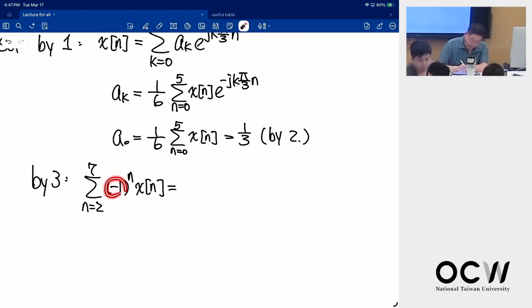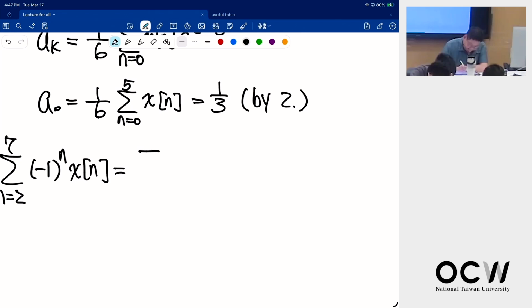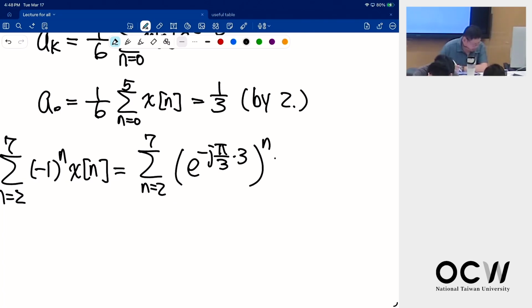Minus 1 is e to the minus j pi over 3 times 3, to the n x[n]. Correct?